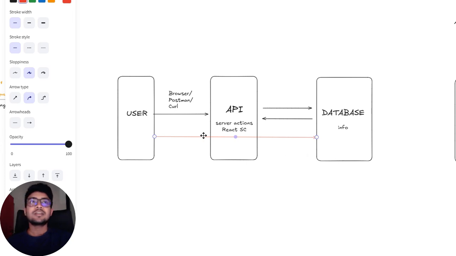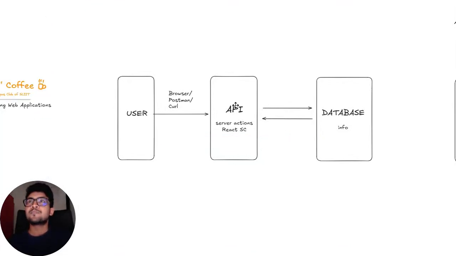Someone could delete everything and expose all your users' private information to the outside world. That is why we have backends. They protect the database and control what data the users can access.